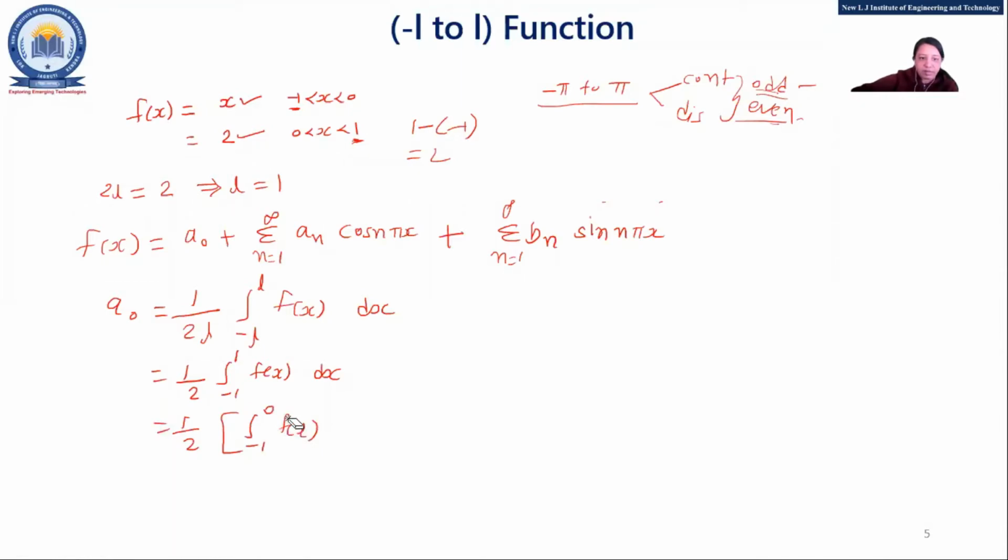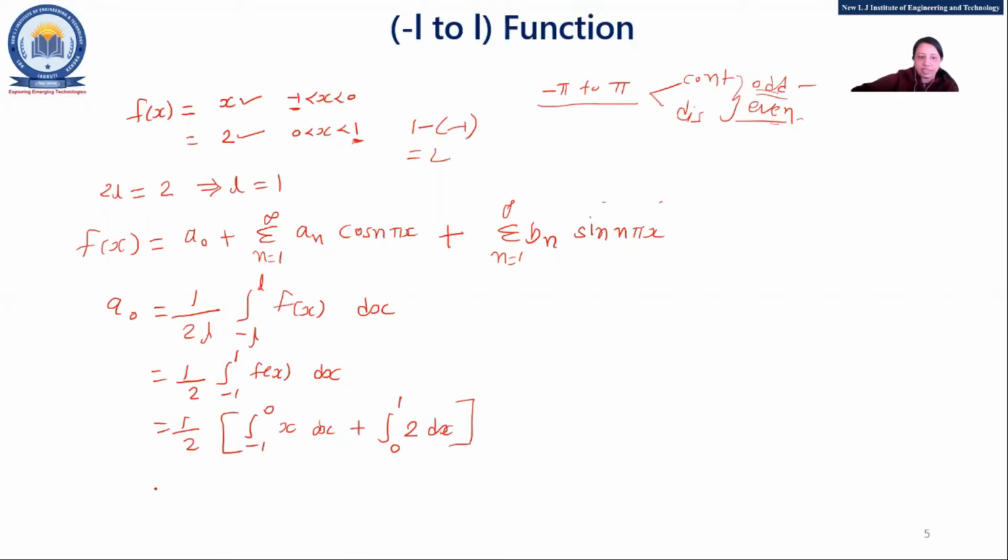If any doubt, just raise your hand or write into the chat box. I'll write f(x) directly. In the first interval it is x dx, plus integration 0 to 1, where f(x) is 2 dx. Solve it quickly.